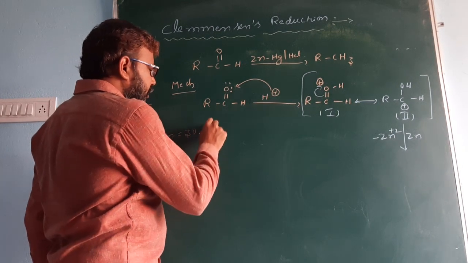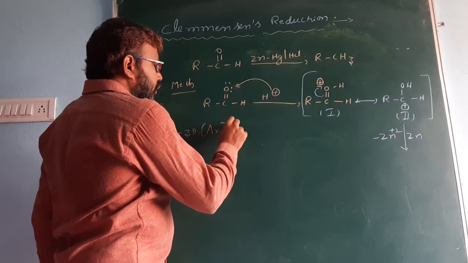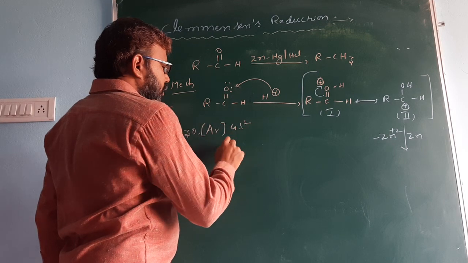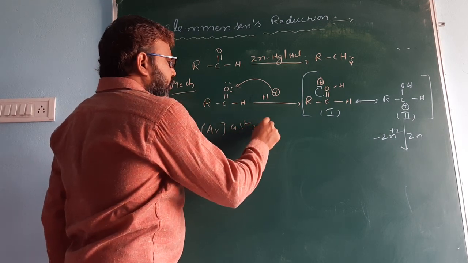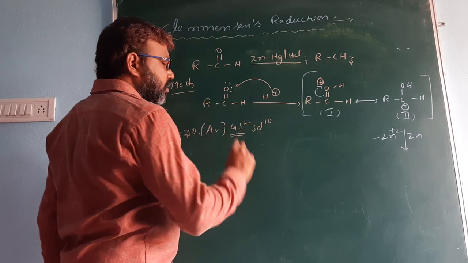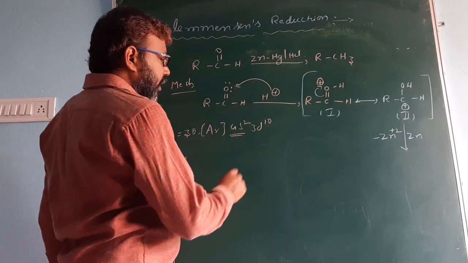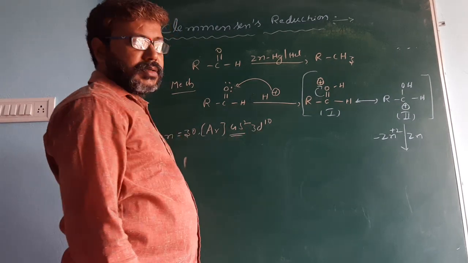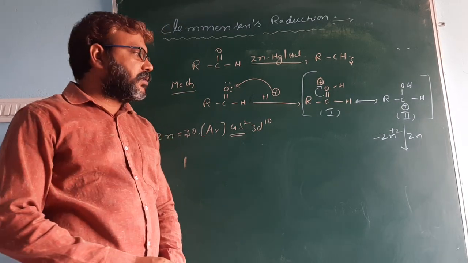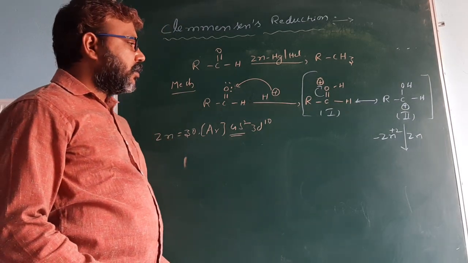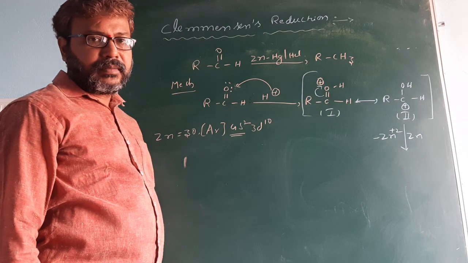Electronic configuration: argon 4s2 3d10. When it loses 2 electrons, the third shell contains 18 electrons. This configuration is called pseudo inert gas configuration.